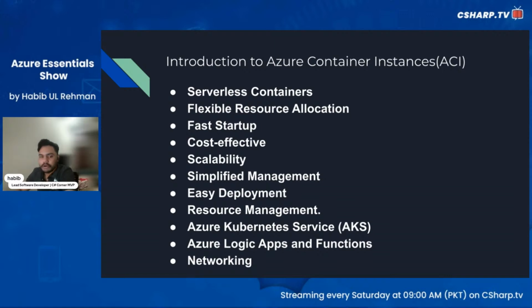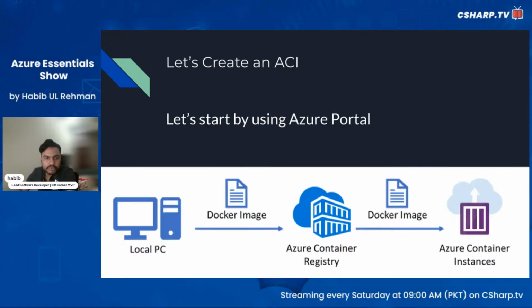So now let's start creating Azure Container Instances. You can see that there is one image on the bottom side of the slide. So this is your PC. Then you will create a Docker image, and you will push that Docker image to Azure Container Registry.